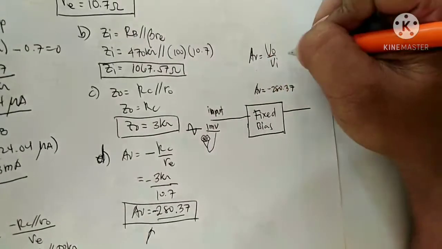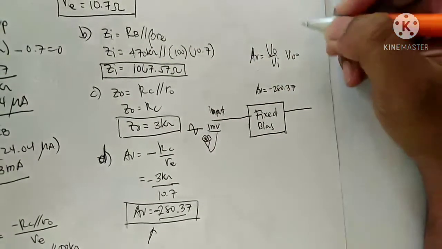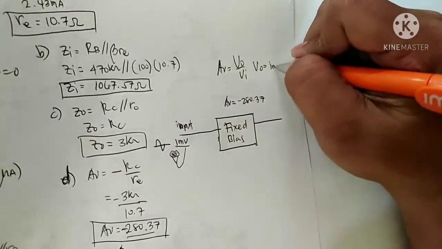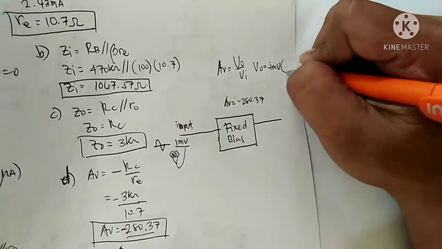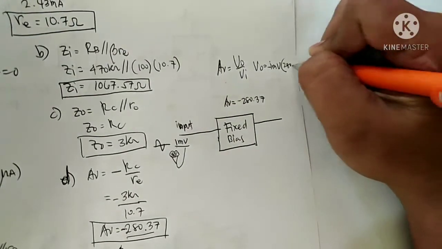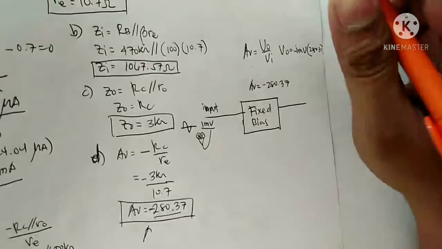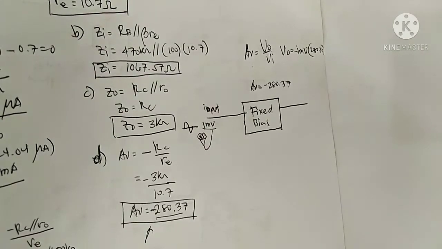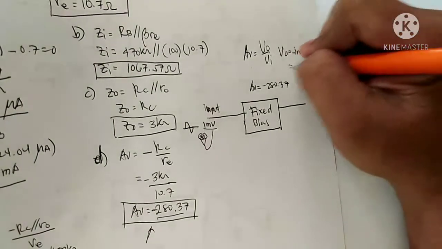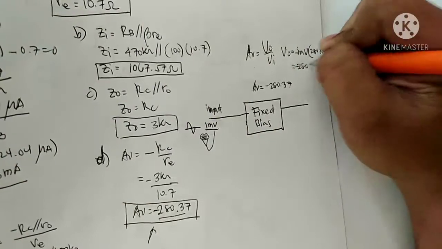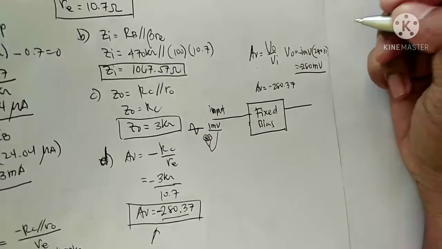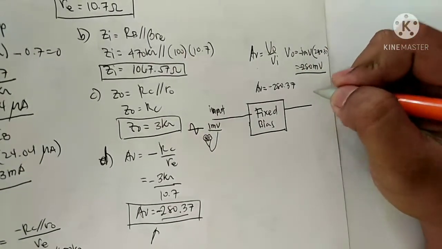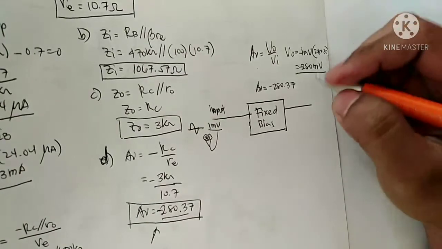To get VO, multiply the input, which is 1 millivolt, times negative 280.37, so the result is negative 280 millivolts. The negative means it is out of phase.